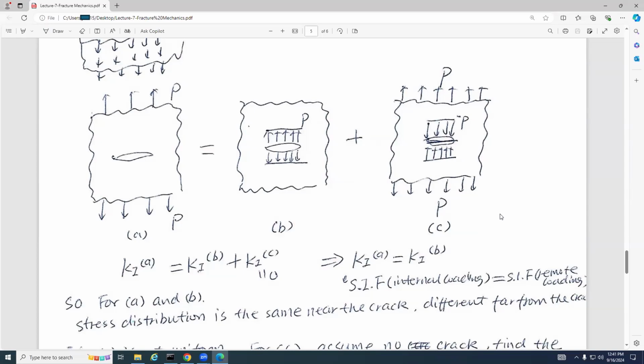So this is one condition. The second condition is that I have the P, and also near the crack, I have the opposite lowercase p. So this case equals the addition of this one and this one.